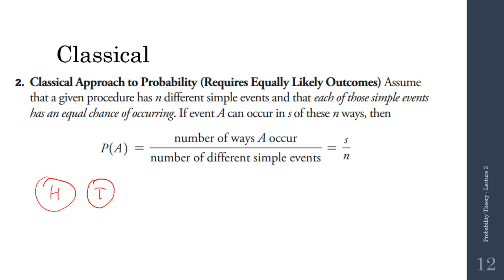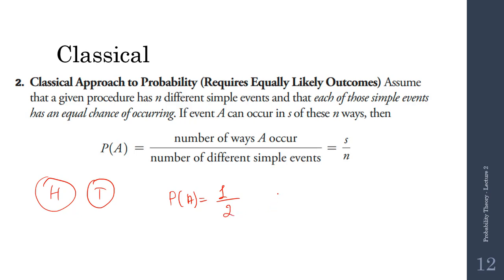When we flip the coin, we may get one of them, heads or tails. So what is the probability that when I flip the coin I will get tails? For the probability of event A, flipping the coin and getting tails, how many ways can I get tails when I flip the coin just once? 1. How many possible events? It can be heads or tails, so 1 over 2.